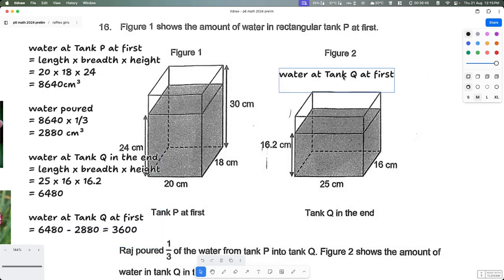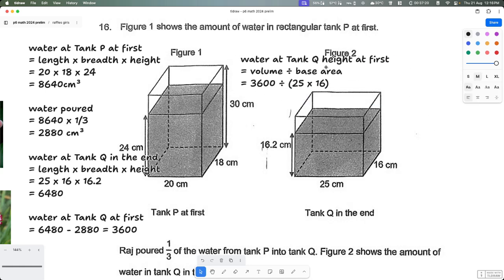So last is the water in tank Q, height at first, which is volume divided by base area. Our volume is 3600, and then we divide it by bracket 25 times 16, which is our base area.